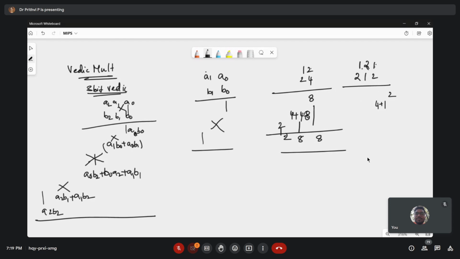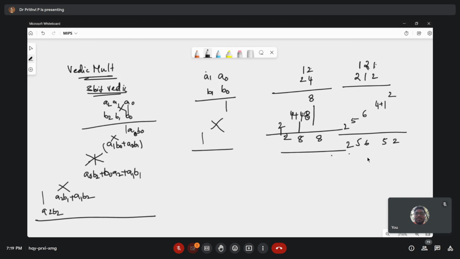Next it is 2 plus 2 plus 2, 6. Next, 4 plus 1, 5. Next, 2 should be coming. Is this correct?